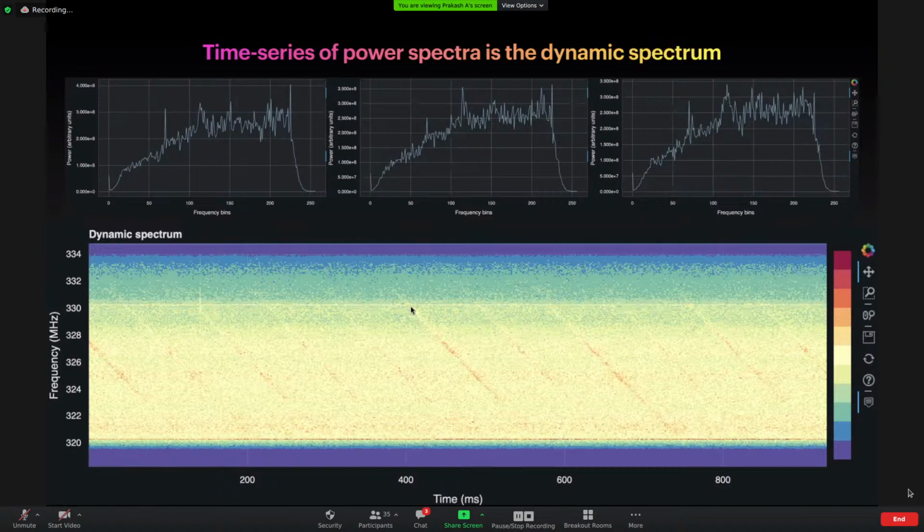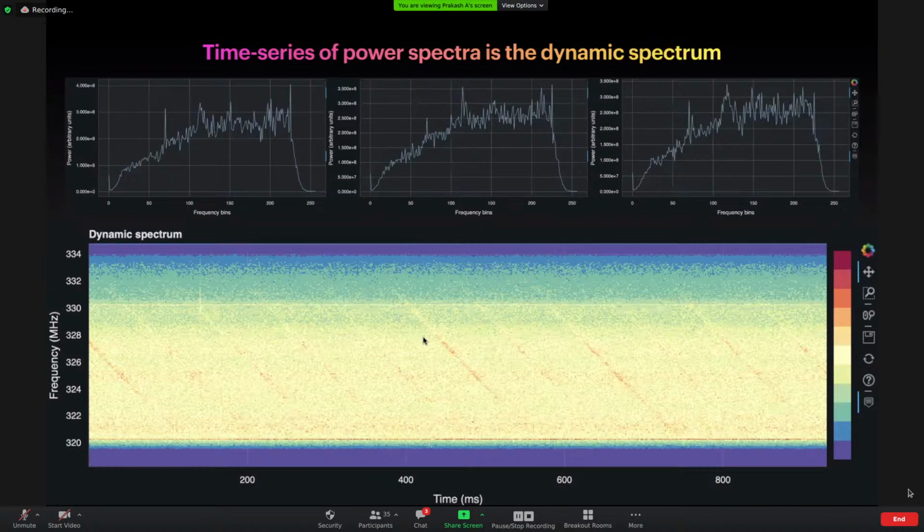For instance, if you take one of these bright streaks, you'll see the signal first at higher frequencies, and at all subsequent frequencies you can see systematic delays all the way down to the lower frequencies, where it's significantly delayed compared to the highest frequency signal. And this delay is something you can measure in the time axis.